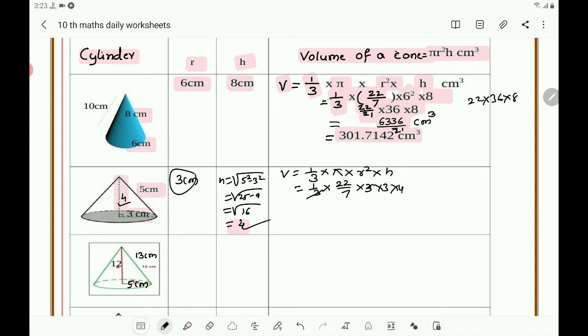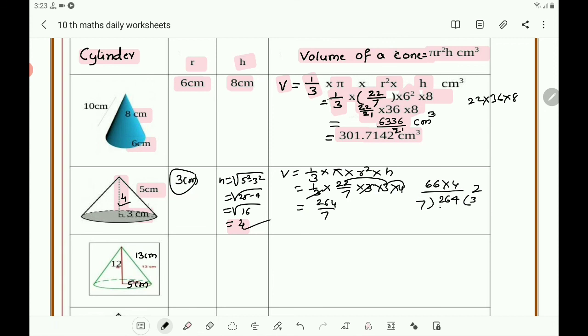Now 3 cancels and 22 into 3 into 4. 22 3 is 66. 66 into 4 is 264. So it is 264 by 7. Then you divide it by 7.